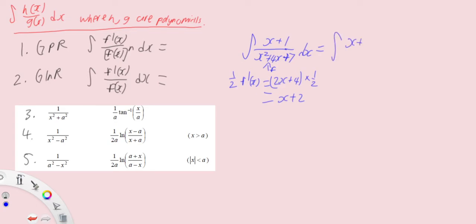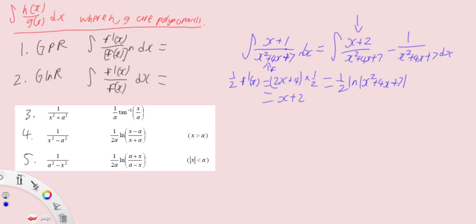So now we have the integral of x plus 2 over x squared plus 4x plus 7 minus 1 over x squared plus 4x plus 7 dx. So now it's very simple. We are able to realize that this is just going to give us half ln of x squared plus 4x plus 7, because the numerator is half the derivative of the denominator.